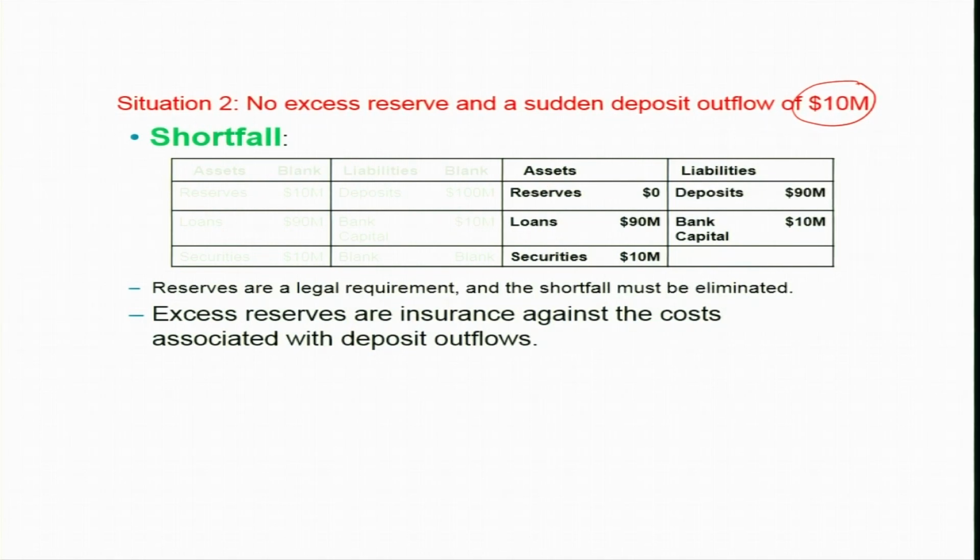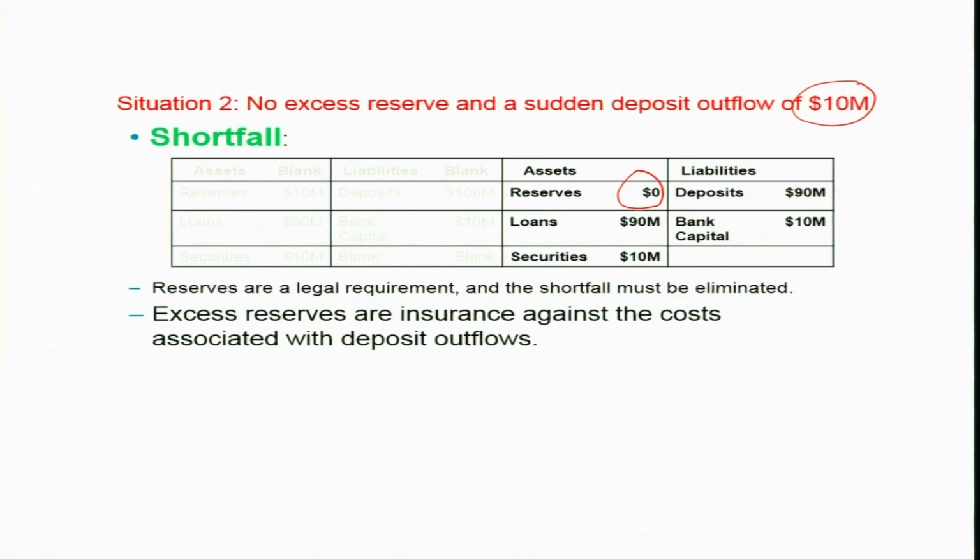This money is with the central bank as a deposit, and they will take that money and give it to the depositor when he approaches the bank for withdrawal. So you can see that reserve has now become 0, and this is actually a legal requirement, so the shortfall must be eliminated. There are certain requirements.